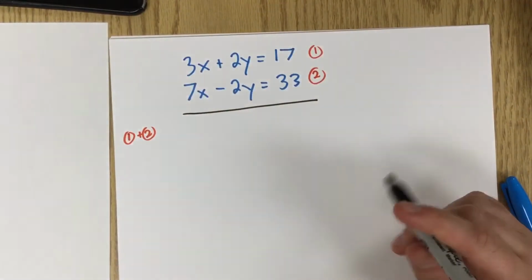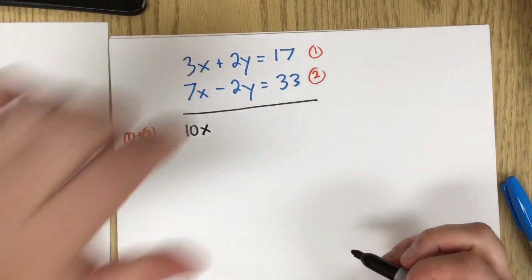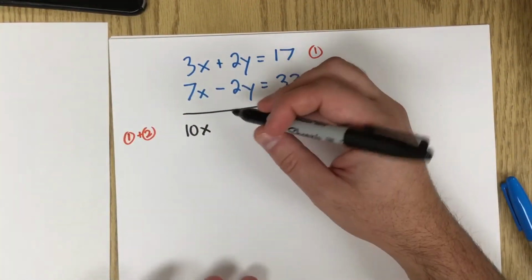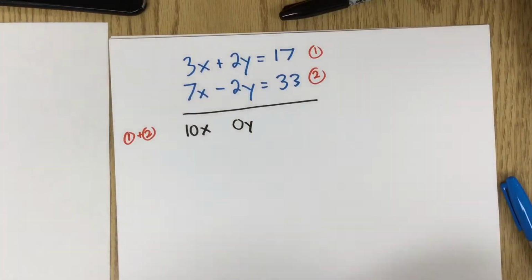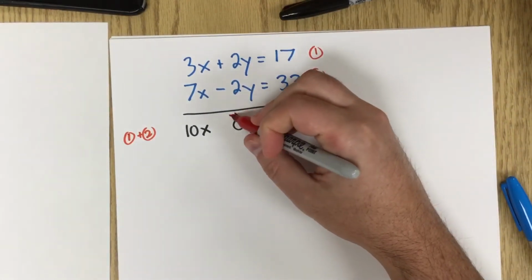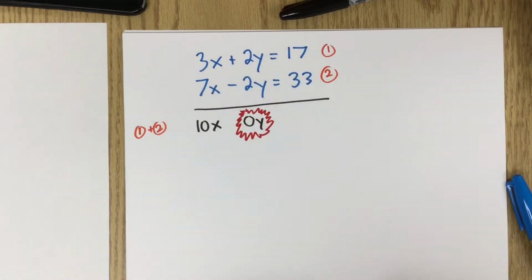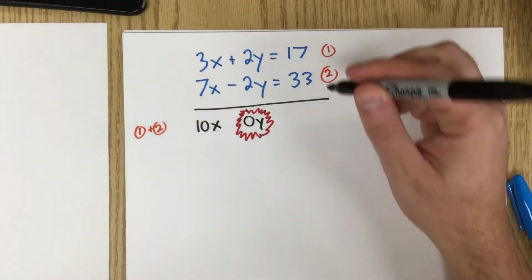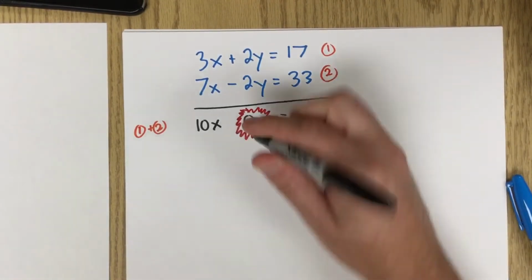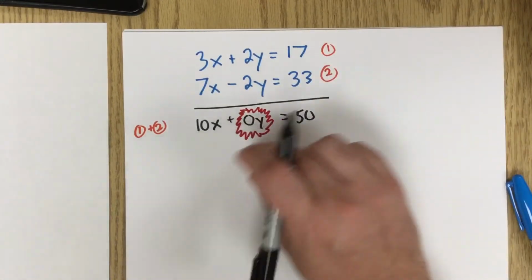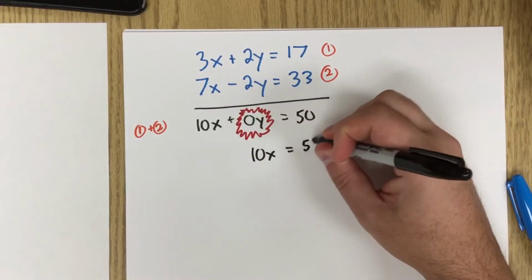So 3x plus 7x is 10x. 2y plus minus 2y is actually 0y, which means 0y is really just 0, which means this variable has been eliminated. 17 plus 33 is 50, so 10x plus 0 is just 10x. So 10x equals 50.